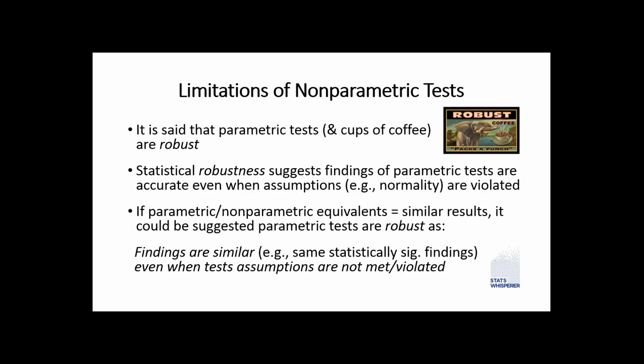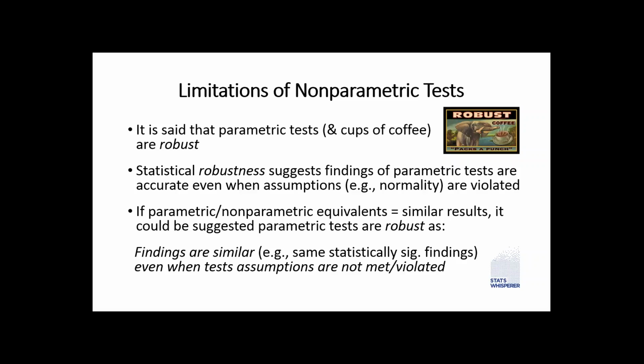Now you may say to me, you understand how coffee is robust, but what does it mean when statistical tests are robust? Now this is a really important concept, and it's really going to help us in bridging these parametric and non-parametric tests.